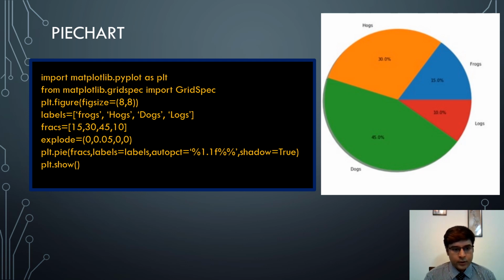Next, this explode is going to burst this pie chart from the cuts, and the amount is defined by these parameters. Next, we plot this pie chart with the pie function, using all the above parameters as parameters. Next, we show this plot and the output will be shown like this.